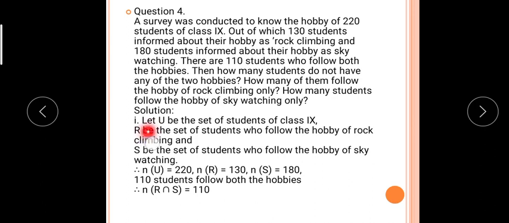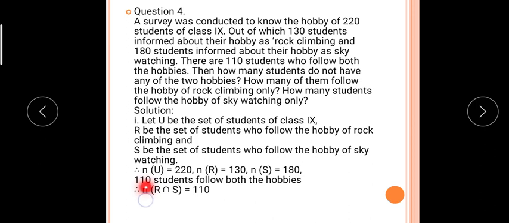Now listen. Let U be the set of students of class 9, that is the universal set. R for the students who have the hobby of rock climbing, and S is the students who have the hobby of sky watching. Now n(U), that is the total number of students, is 220. n(R), that is rock climbing, is 130, and sky watching, that is n(S), is equal to 180.